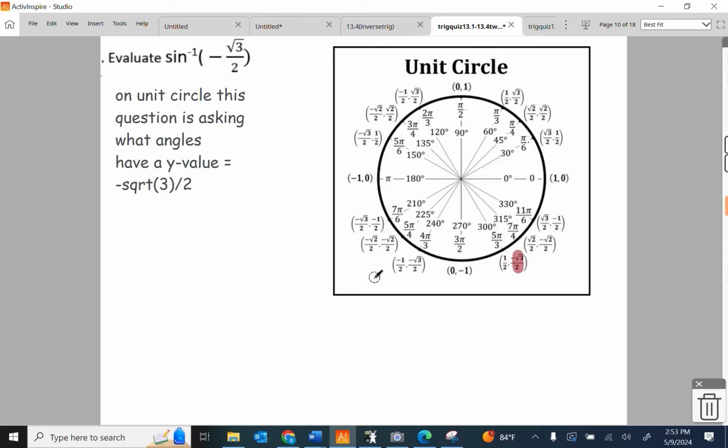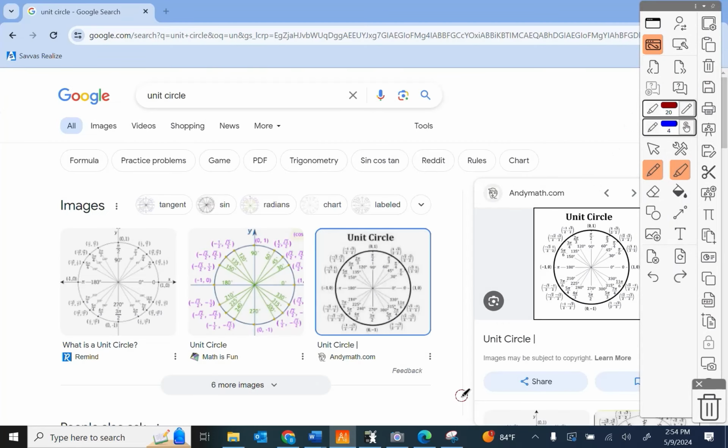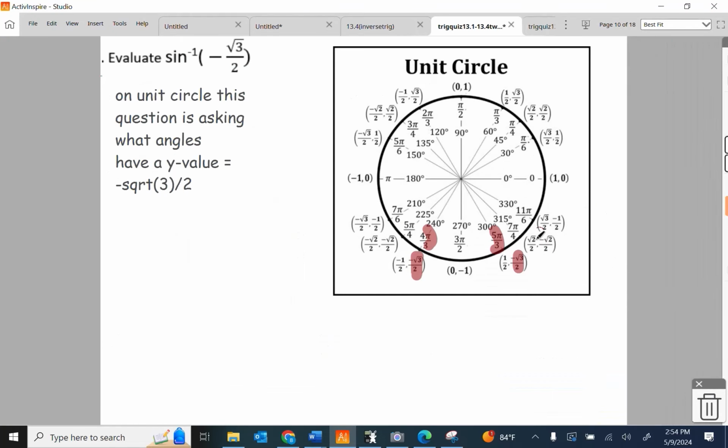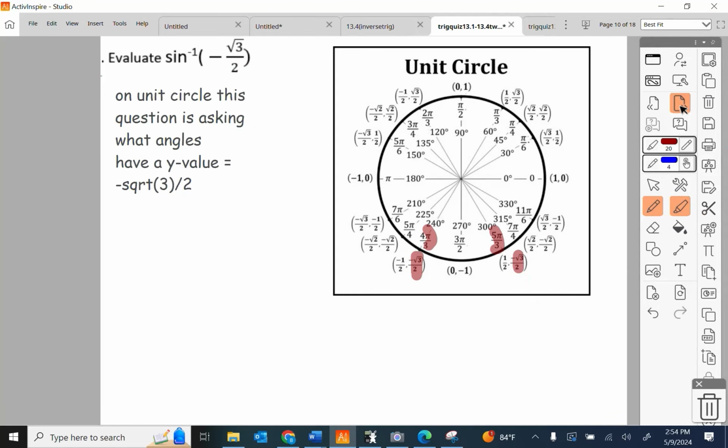Right there, right there. And you'll see that they're the 5 pi over 3 and the 4 pi over 3. The unit circle is going to make your test on either Wednesday or Thursday, depending on which period you're in, or what day I actually decide on it to be, easy. It will. That's what it's going to do for you.